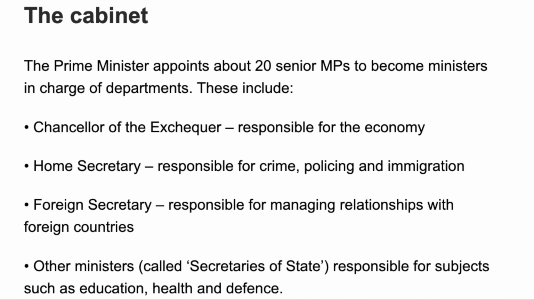The Cabinet. The Prime Minister appoints about 20 senior MPs to become ministers in charge of departments. These include Chancellor of the Exchequer, responsible for the economy, Home Secretary, responsible for crime, policing and immigration, Foreign Secretary, responsible for managing relationships with foreign countries, other ministers, called Secretaries of State, responsible for subjects such as education, health and defence.